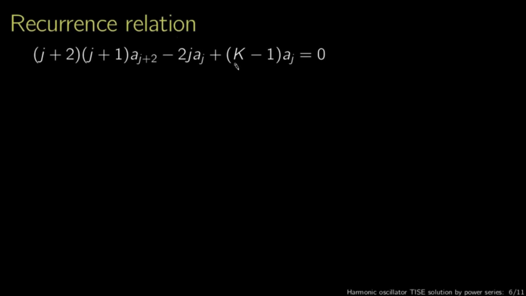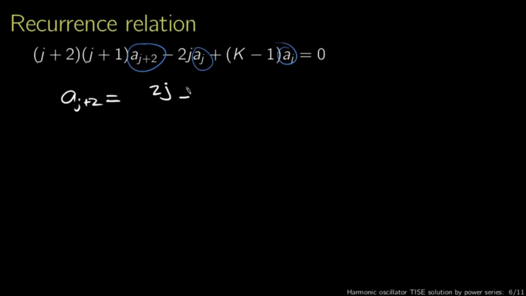This is called a recurrence relation because it tells you what these coefficients are in terms of each other. We have a sub j plus 2 and a sub j. So we can simplify this equation a little bit and solve for a sub j plus 2. I'll mess with the signs a little bit, moving things around.